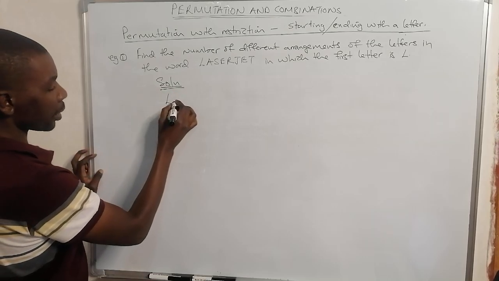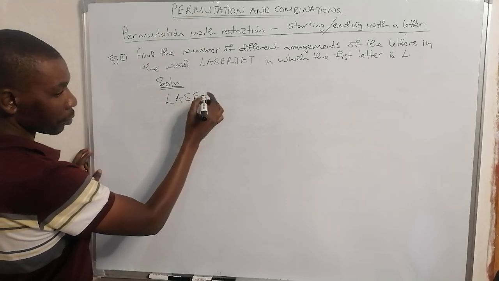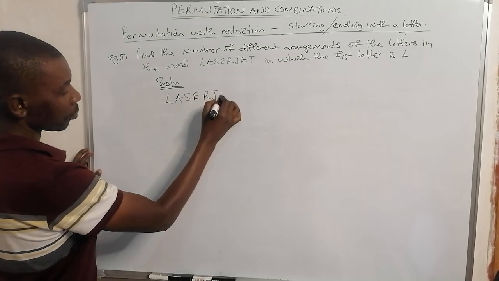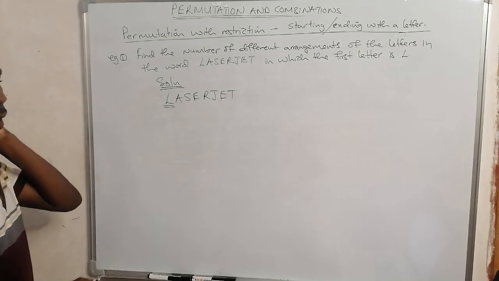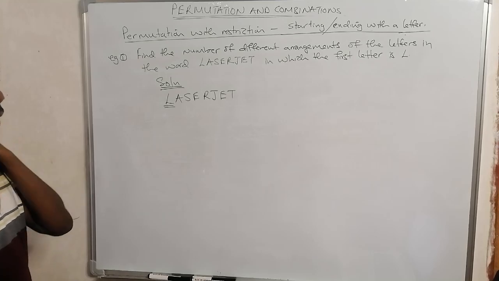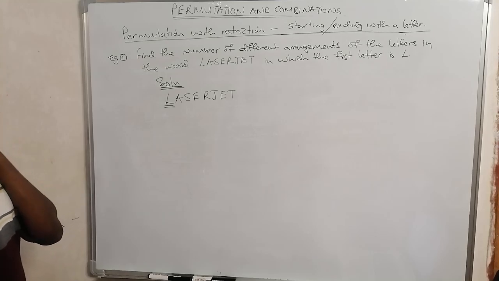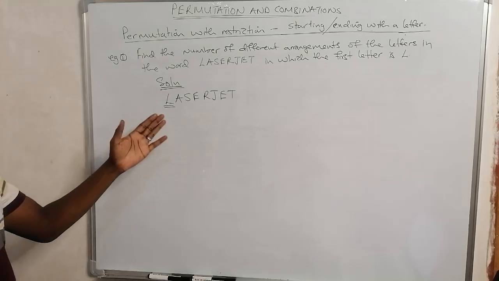So now we go to the solution. So we have laser jet. L is not going to change position, so we are going to consider L as a non-existing letter. So how many letters do we have in this case?